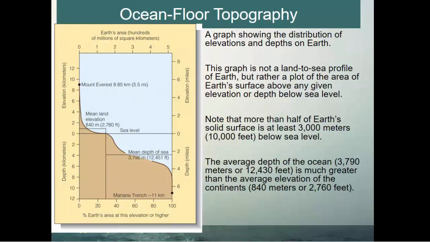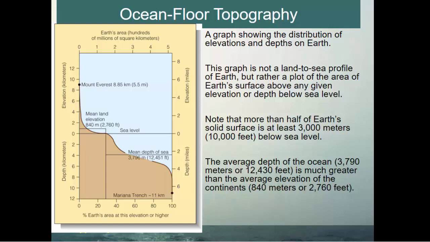All right, now here's a graph showing the distribution of elevations and depths on the Earth. On the x-axis you have the percentage of the Earth's surface, and on the y-axis your depth in meters and your height above sea level. This is not a land to sea profile of the Earth, but rather a plot of the area of the Earth's surface above any given elevation or depth below sea level.